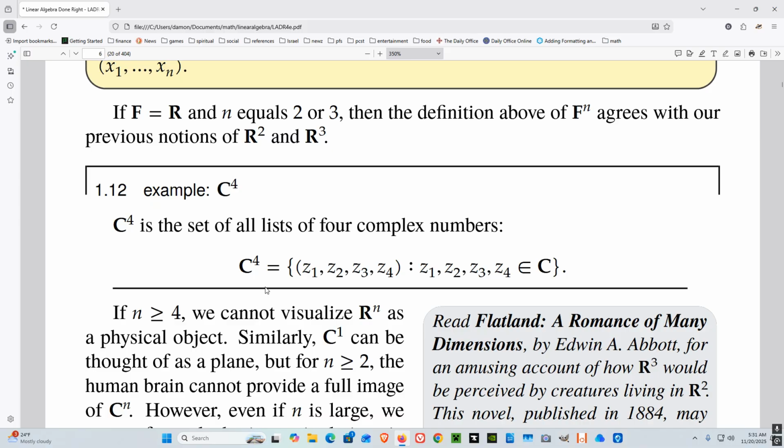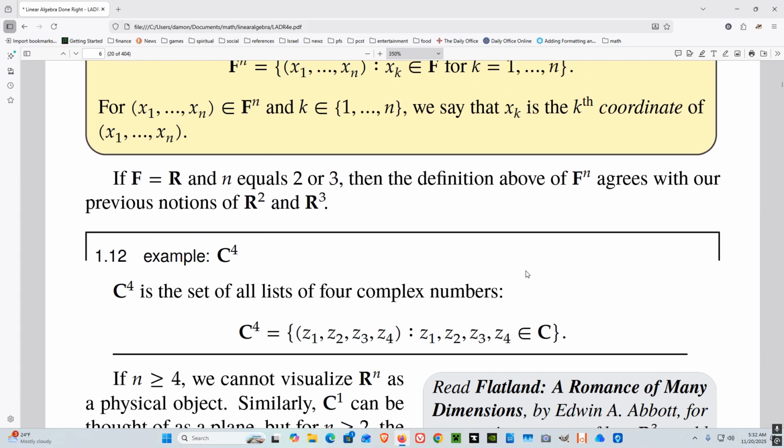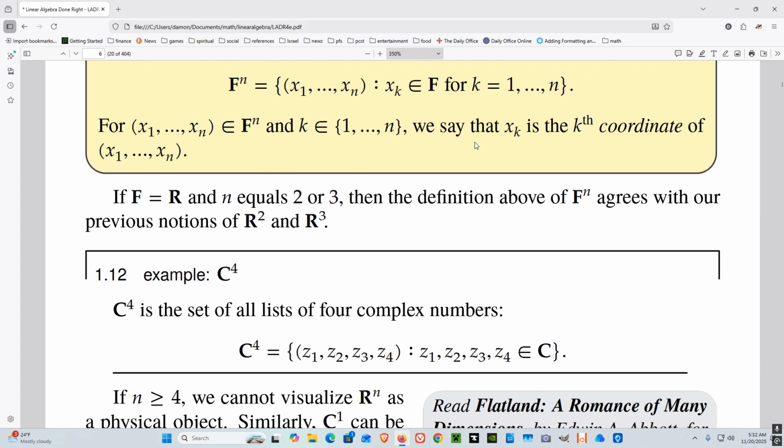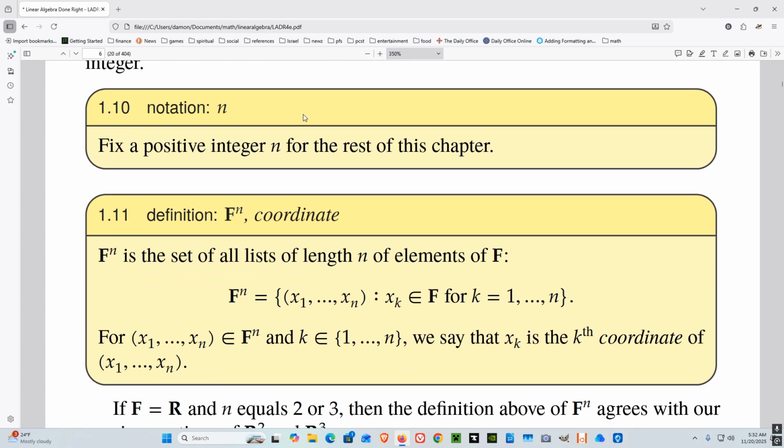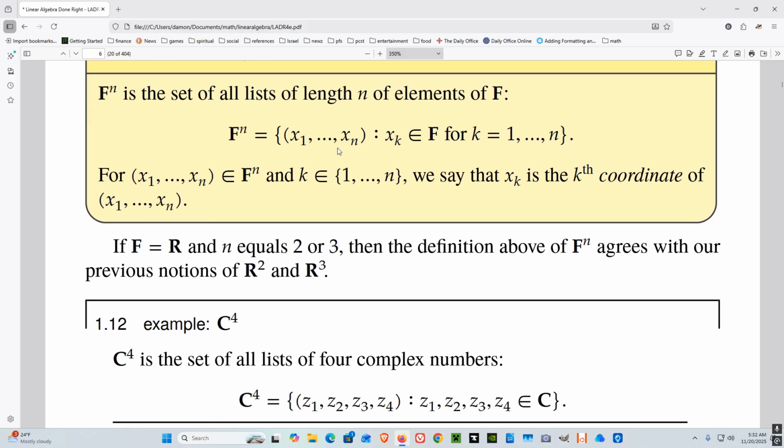C to the 4 equals (z1, z2, z3, z4) in a list, where z1, z2, z3, and z4 are elements of the complex numbers. Remember I told you a lot of times they use z for the complex numbers? And notice he often likes to use x in general, and I think also for real numbers.